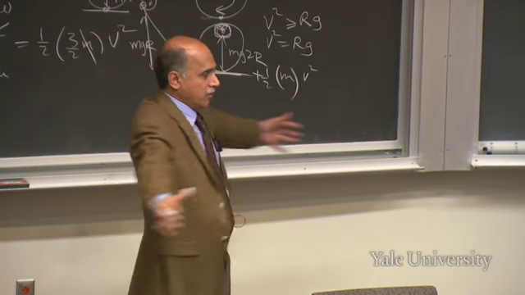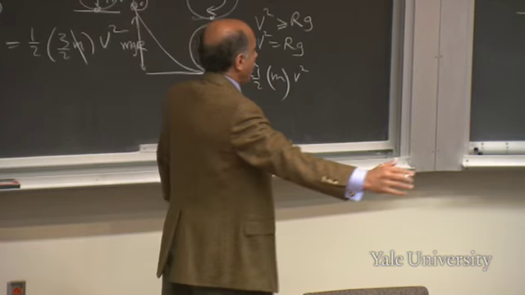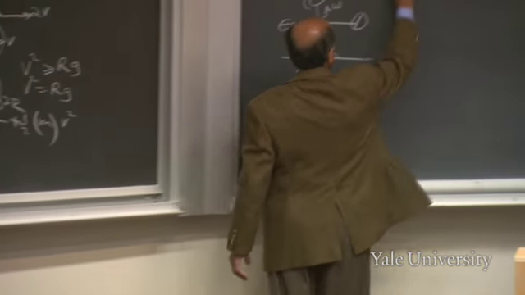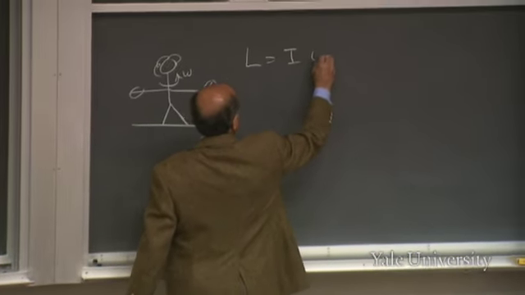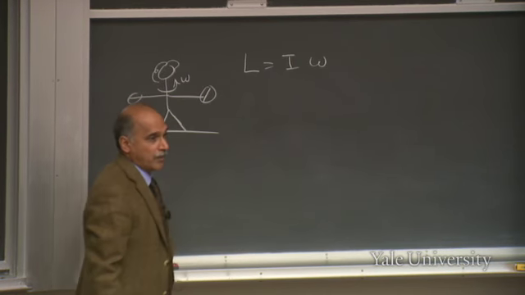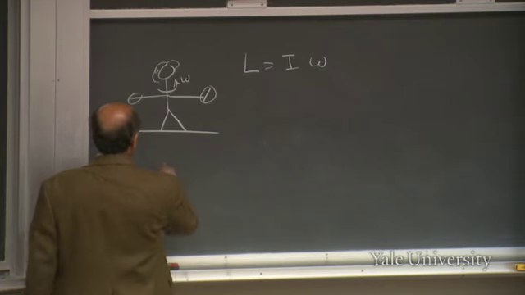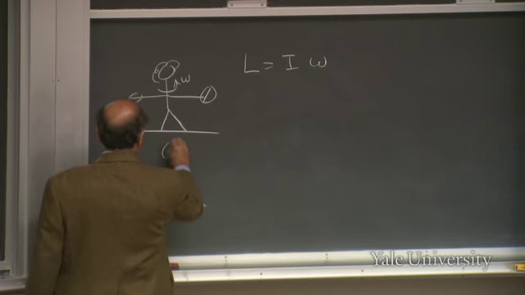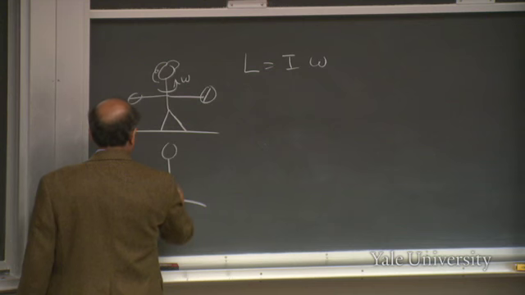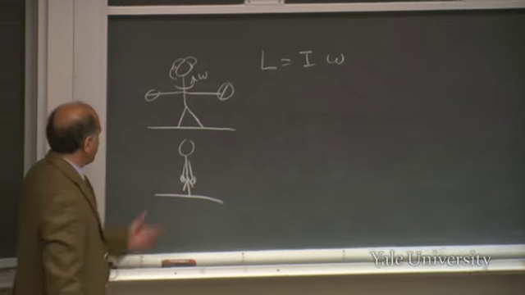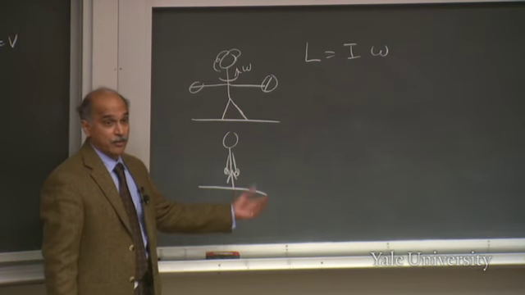Okay, and person is rotating with some angular velocity omega. That means the angular momentum is I times omega. And that cannot change. But then suppose the ice dancer decides to do the following, which is to drop the arms right to the side, so that for all purposes the masses are at the center now. You really reduce the moment of inertia.